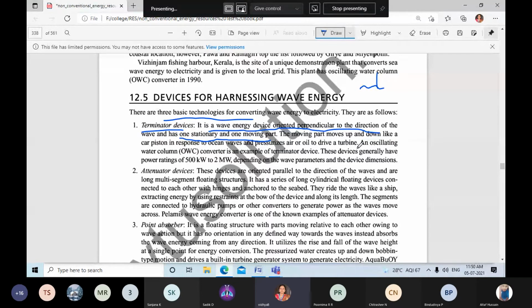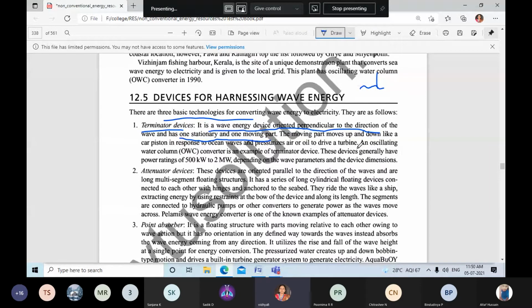The moving part will move up and down like a car piston. They are comparing the moving part with a car piston.